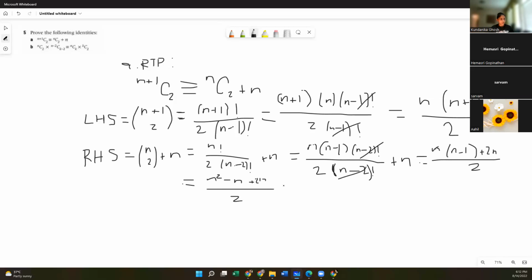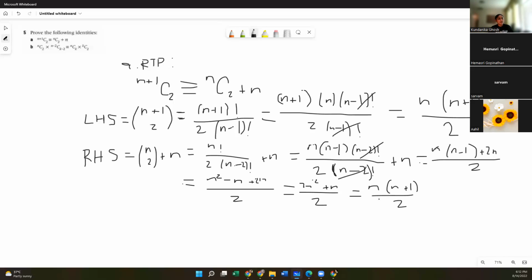And that's going to equal n squared plus n, all over 2. And then we can rewrite this because n times n plus 1 is the same thing as n squared plus n, since you can factor out an n, and what you're left with is n plus 1. And then we have all of that over 2.